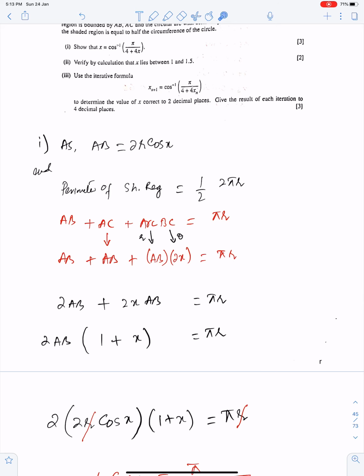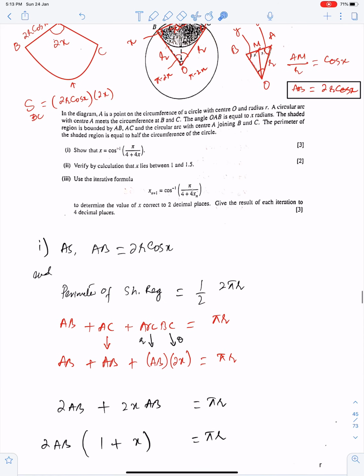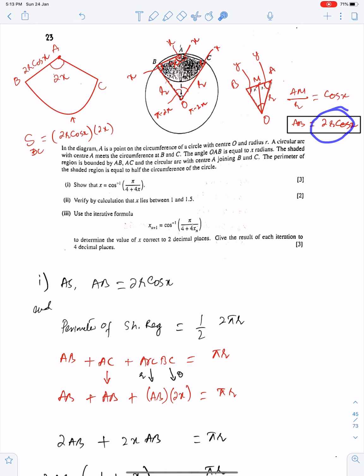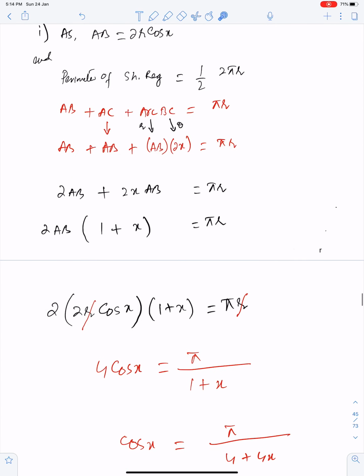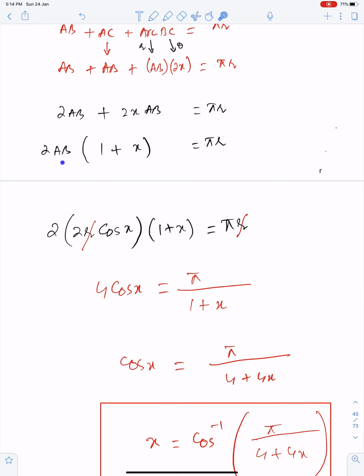The length of AB is 2r cos x. I simplified these and got 2AB here, and I've taken AB as common. Now by substituting the value of AB, 2r cos x, we have this equation.